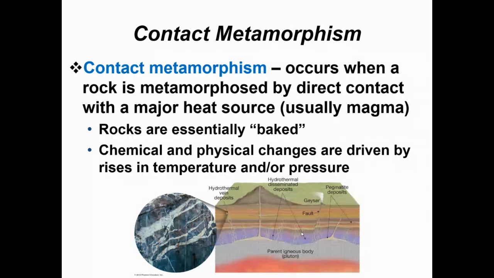Oftentimes, if hot enough, it's the steam that can actually change the mineralogy or the composition of the minerals. So that's what you're seeing in the purple area. That is the actual contact metamorphism that's occurring. So pre-existing rock is being heated up, and to a lesser extent, there's only a little bit of pressure being exerted. With contact metamorphism, we're dealing with usually a decent amount of heat, but a relatively low amount of pressure. So essentially the rocks are being baked. That's what the purple ones are, being kind of baked.